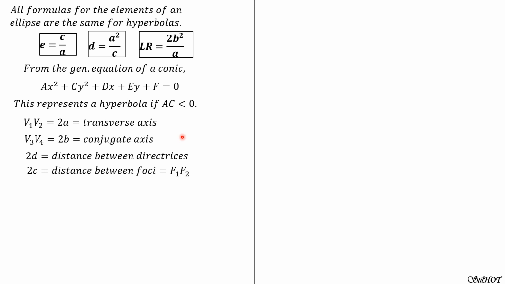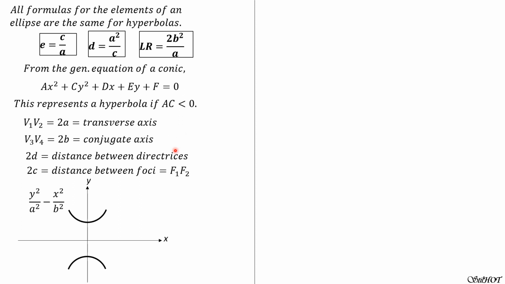So let's write in general the standard forms of equations of hyperbolas. When the hyperbola has its center at the origin and transverse axis on the y-axis as shown in the figure, then the equation of the hyperbola is y squared over a squared minus x squared over b squared equals 1.